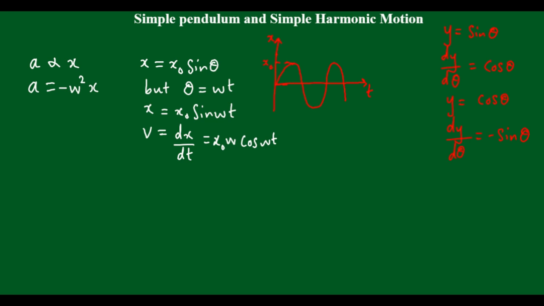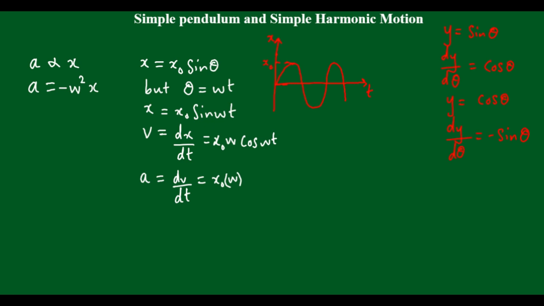So let's go ahead and find the acceleration. The acceleration is defined as the rate of change of velocity. So we are differentiating our velocity with respect to time. We already have x naught and W here.